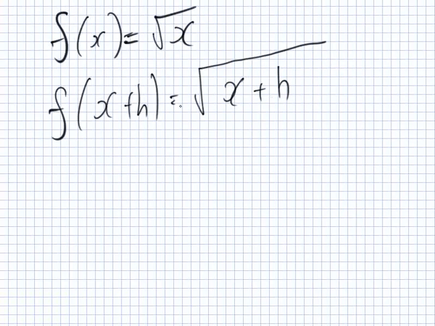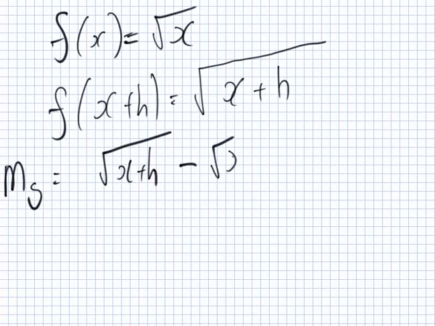So now, putting it into the formula, slope of secant equals square root of x plus h minus square root of x, all over h. Now here's the huge problem. It's not entirely clear how to go ahead and simplify this, because there's a root. You can't really do much with a root.